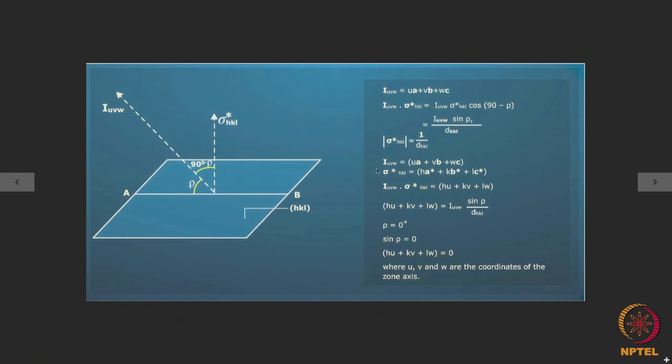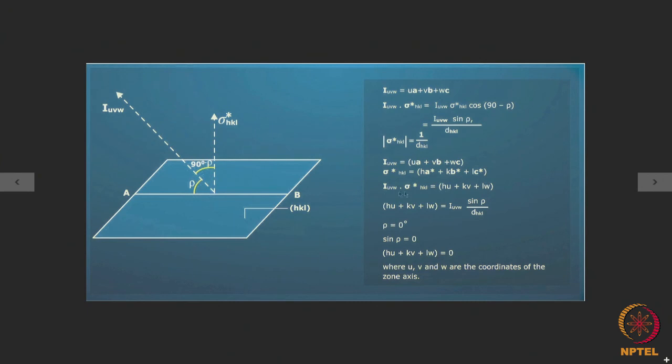Now, if you write down I UVW into its component vectors, it will be UA plus VB plus WC, and if we write down the sigma star HKL vector in the reciprocal lattice into its components, it will be HA star plus KB star plus LC star.